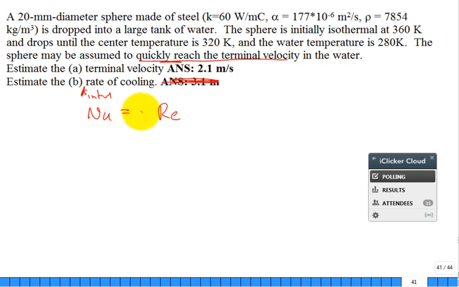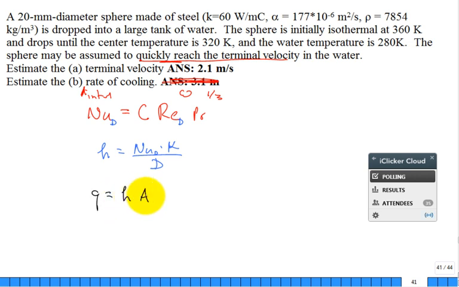So get a correlation where Nusselt is C Reynolds to the M, Prandtl to a power, typically a third. Once I have the Nusselt number, then I get h equal to that Nusselt number times k divided by D, because the length scale is D on the Nusselt number, just like D is on the Reynolds number. Once I have h, then I can get Q equal to hA times the initial temperature of the sphere, Ti, minus T infinity, the fluid temperature far away.